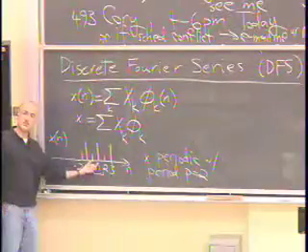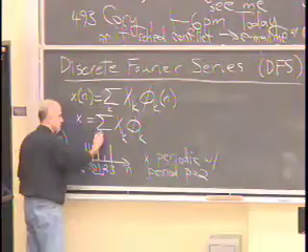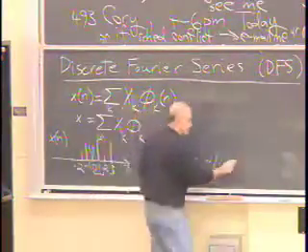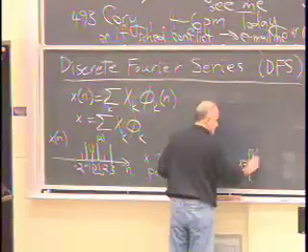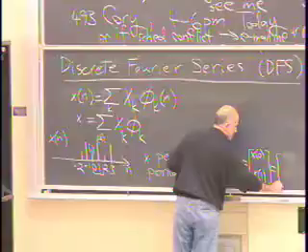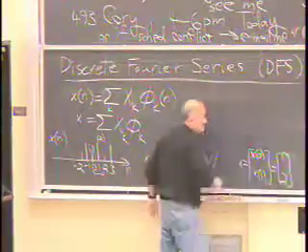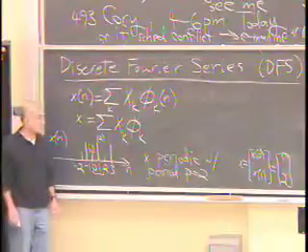You pick the values within one period, and you stack them up. So let's say this is 1, this is 2. So you have x0 and x1. And in this particular case, I've drawn lollipops of height 1 and 2.